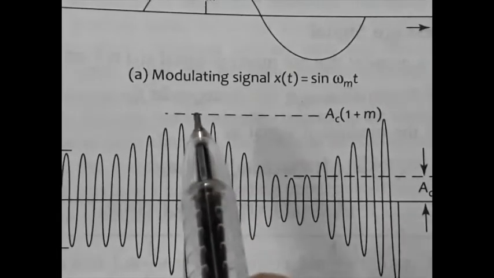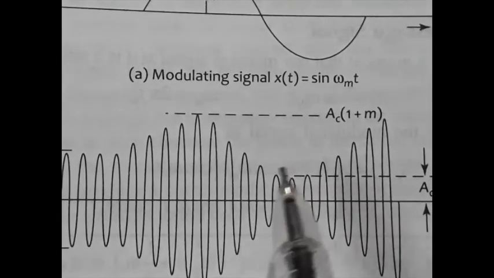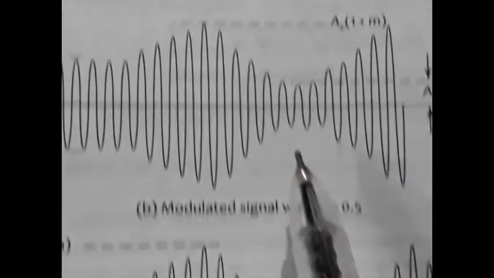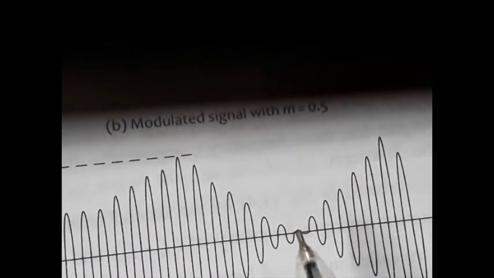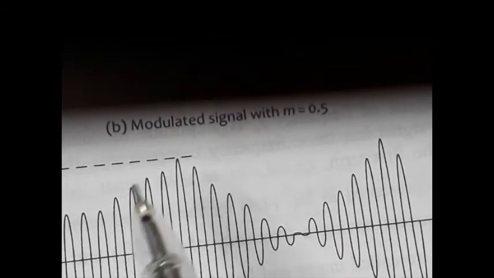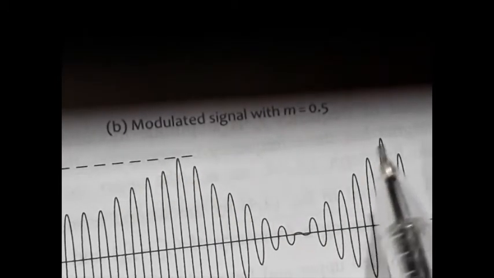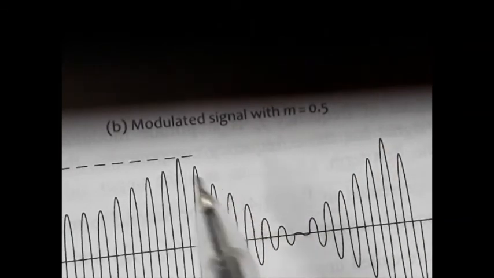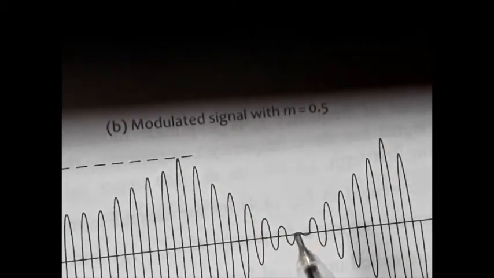This wider portion will become wider and this narrower portion will become narrower. So when x(t) max is exactly equal to Ac, then this narrow portion will be exactly 0, and this is the diagram, this is the AM signal with modulation index equal to 1.